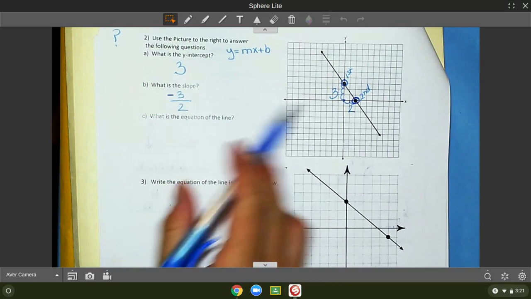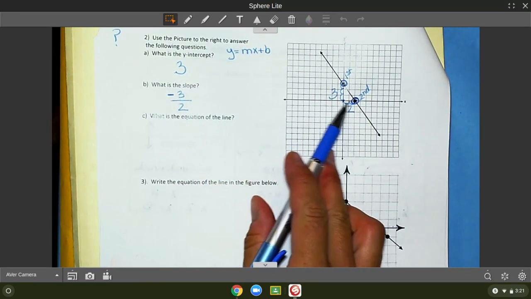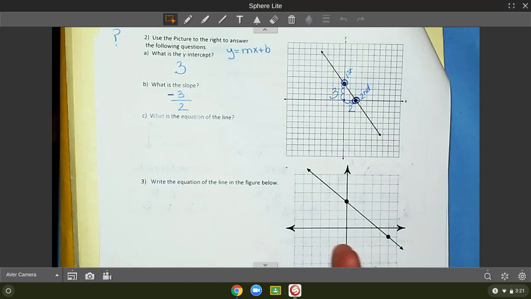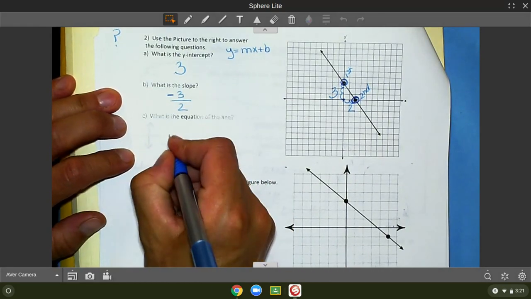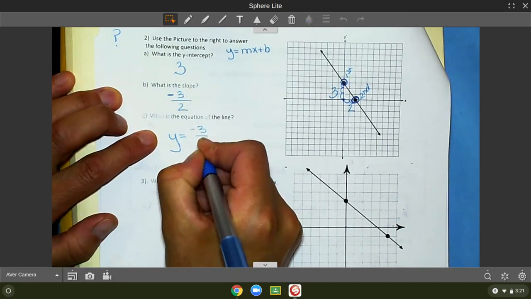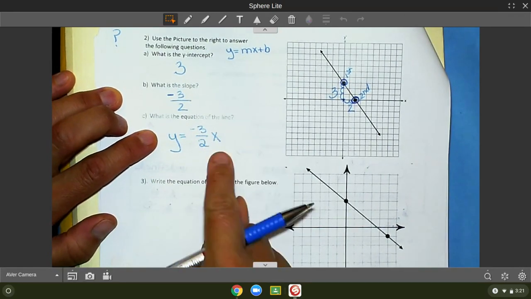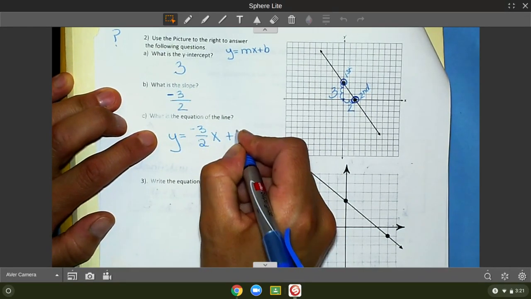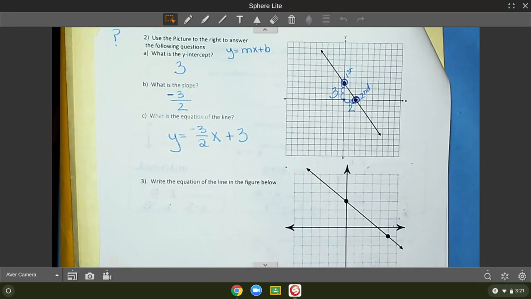So remember, rise up and down first, left and right second. Now that we have the y-intercept and the slope, we can put it all together. So our equation of a line is going to be y equals negative 3 over 2. Now the x goes directly next to the slope, and then our y-intercept, plus 3. All right, we've got it.